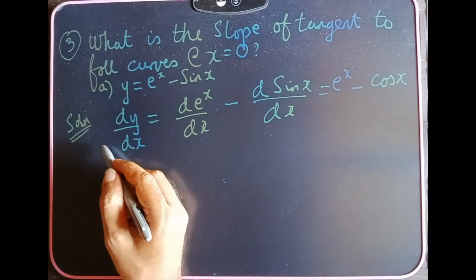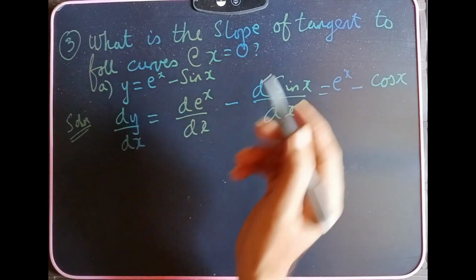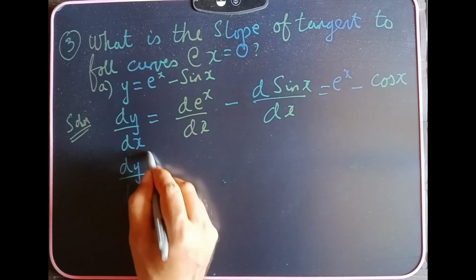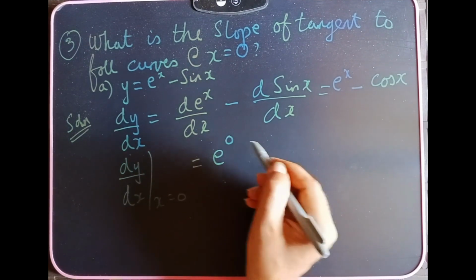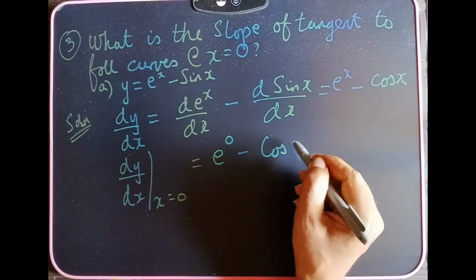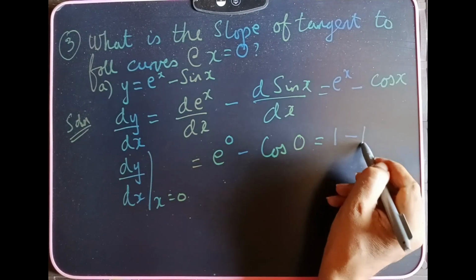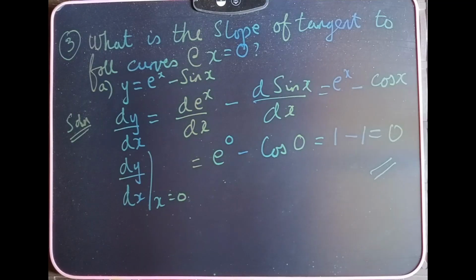Now it's asking the slope of the tangent at x is equal to 0. So dy by dx when x is equal to 0 will be e raised to power of 0 minus cos of 0. E raised to power of 0 is 1 and cos of 0 is also 1, so it will be 0. So this is your answer.